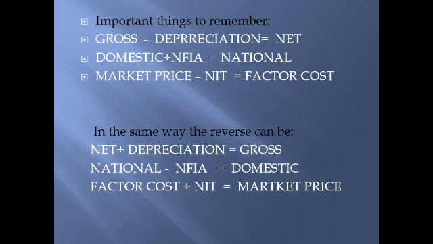Then you can see market price minus NIT, that is market price minus net indirect taxes, that will give you factor cost. In the same way, when you are adding this NIT to factor cost, you will get market price. These things you practice and you learn. This will help you to calculate the aggregates easily.